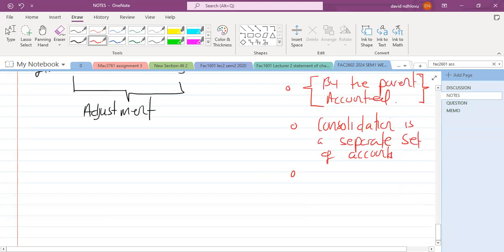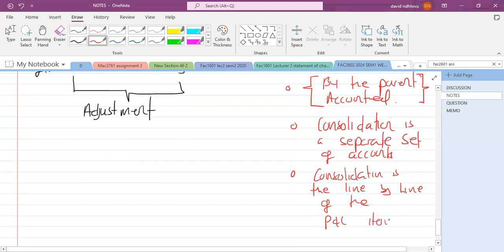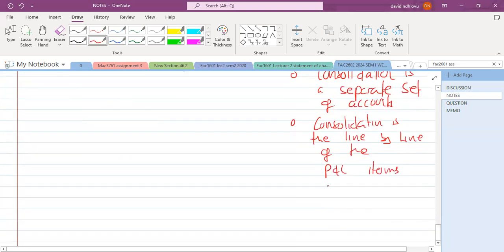Right, then from there, we are saying consolidation is the addition line for line, or line by line, of the statement of P&L items, statement of financial position items, as well as the statement of changes in equity items.